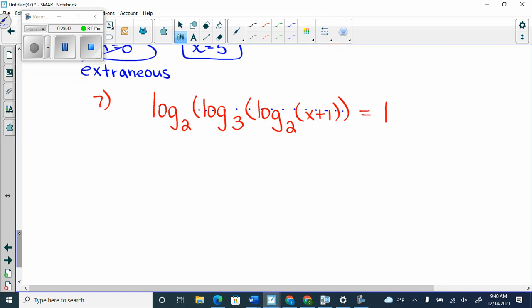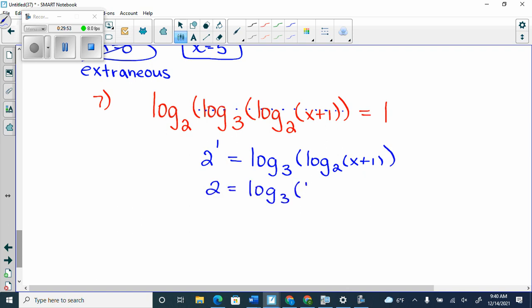So I'm going to go 2 to the 1 equals the dashed line, log base 3 of log base 2 x plus 1. So now I have 2 equals log base 3 of log base 2 x plus 1. Now I treat this like the inside of my log.